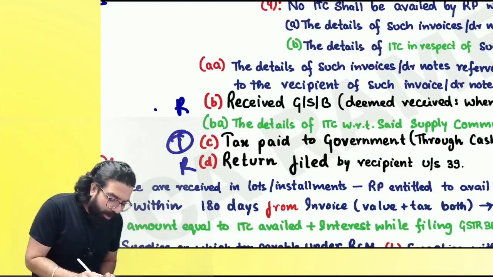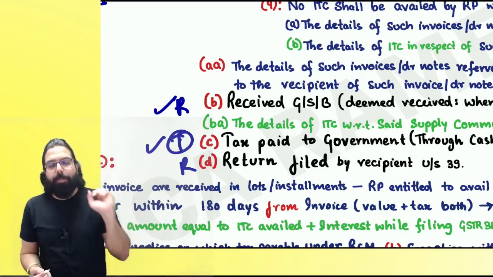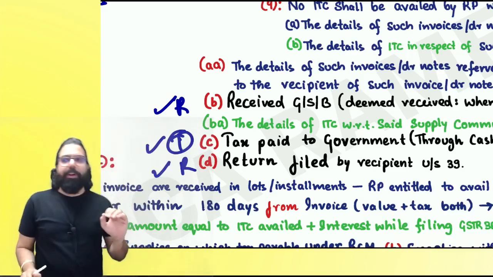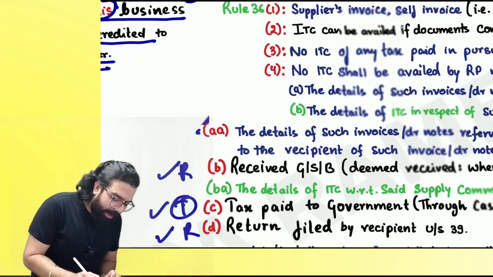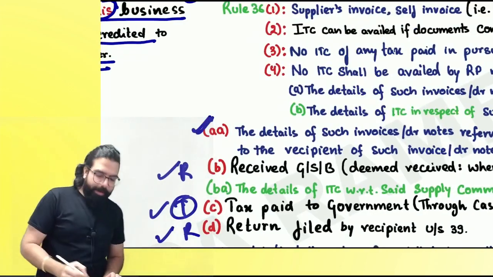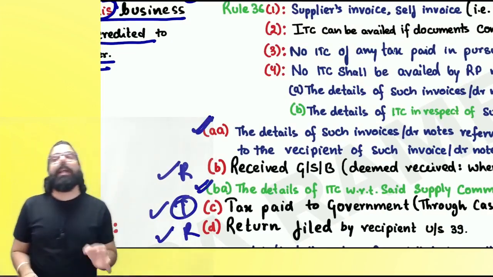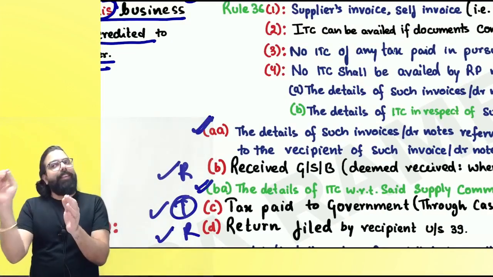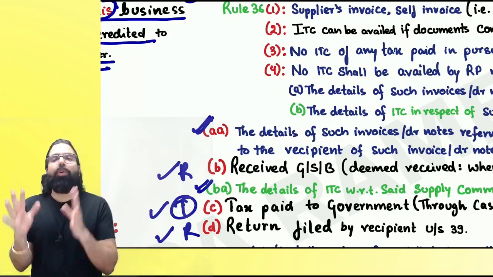R for you should have received the goods, services or both. T for tax should be paid to the government, and R for return should be filed. Then over a period of time, government added AA, and now the amendment is government added BA also. Let's go ahead and understand the condition. See, registered person will get the credit, but the credit is always subject to condition.